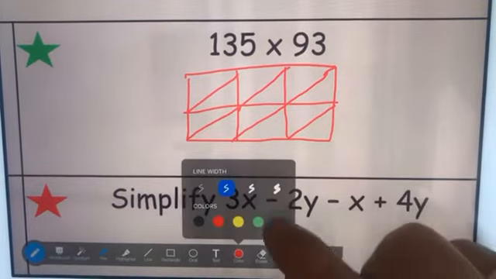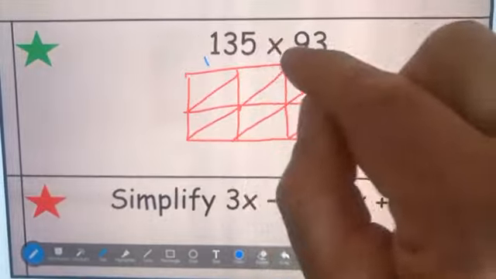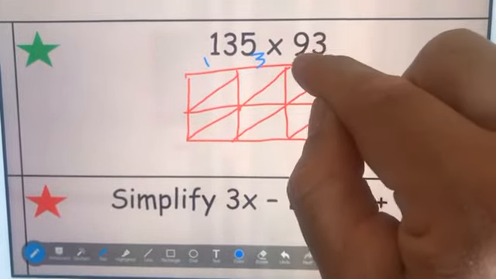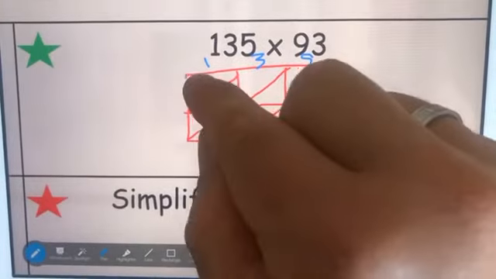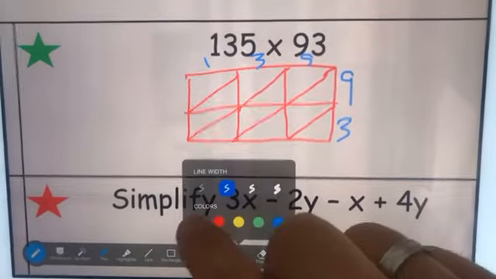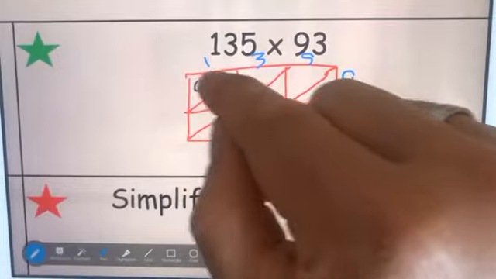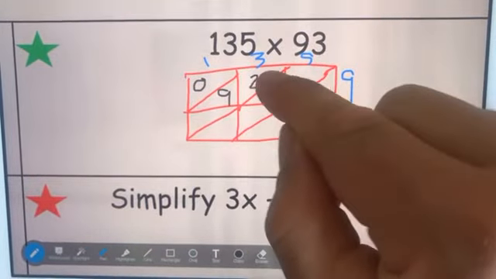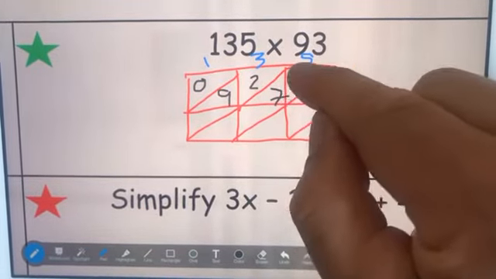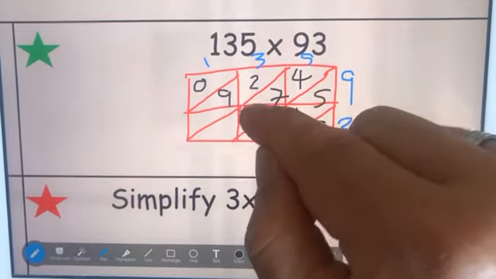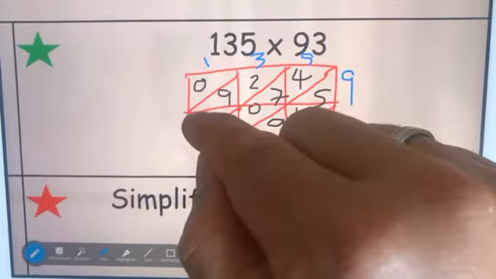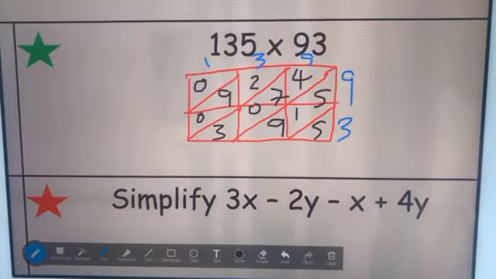On the top numbers I've got 1, 3, 5, and on the side, 93. 1 times 9 is 9. 3 times 9 is 27. 5 times 9 is 45. 5 times 3 is 15. 3 times 3 is 9. And 3 times 1 is 3. This method is so good because it's difficult to get wrong.